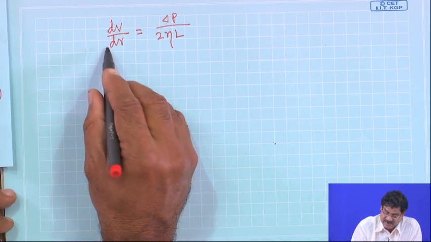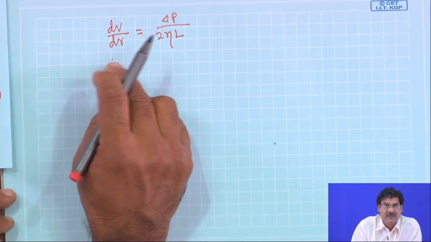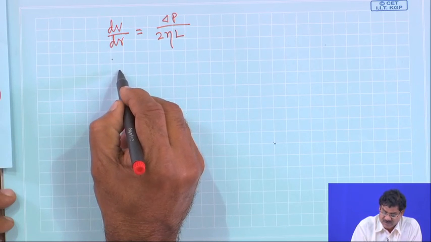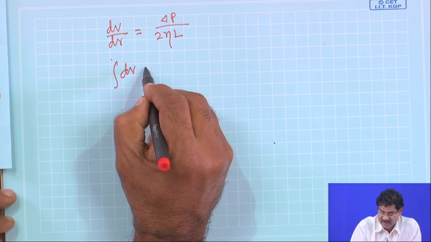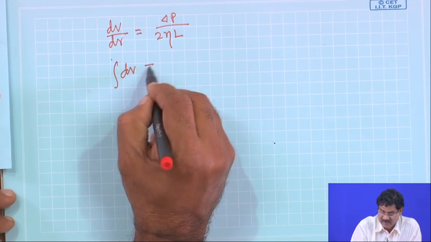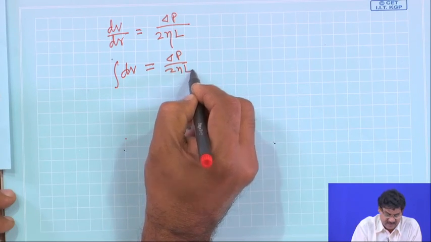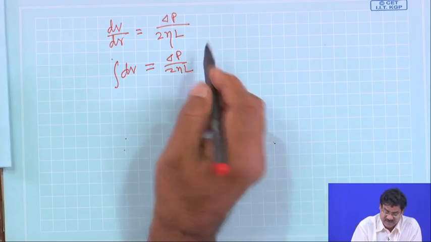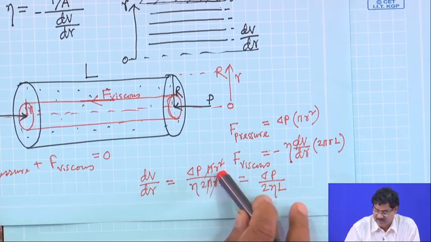If I integrate this, let us find out the velocity of the liquid. So, dV equals delta P by 2 eta L, and I think one r should be there, one r is left.